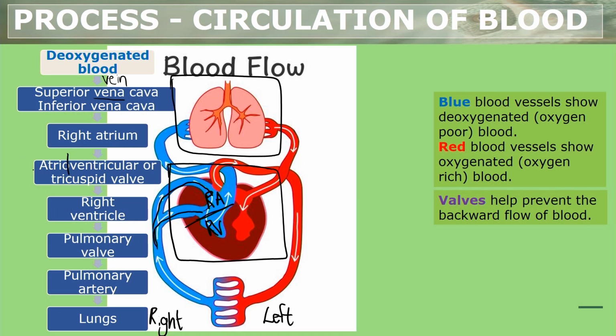As the name suggests, atrio meaning atrium, ventricular referring to the ventricles. Or if you are not referring to this valve as the atrioventricular valve, you can also call it the tricuspid valve. This refers to the number of flaps that this valve has, and the prefix tri tells us that it has 3 flaps.